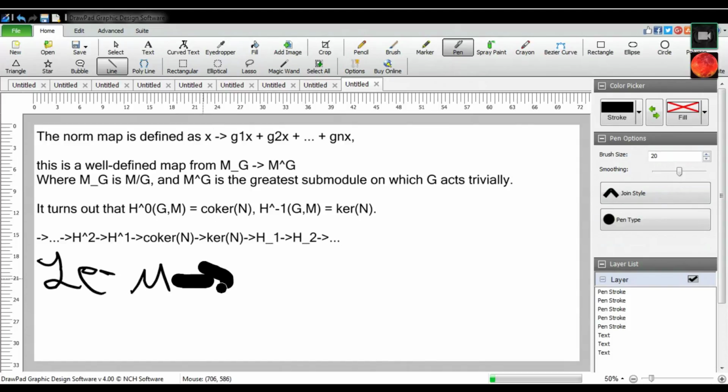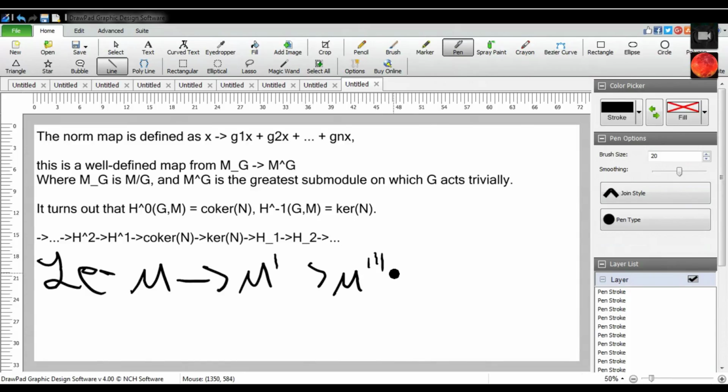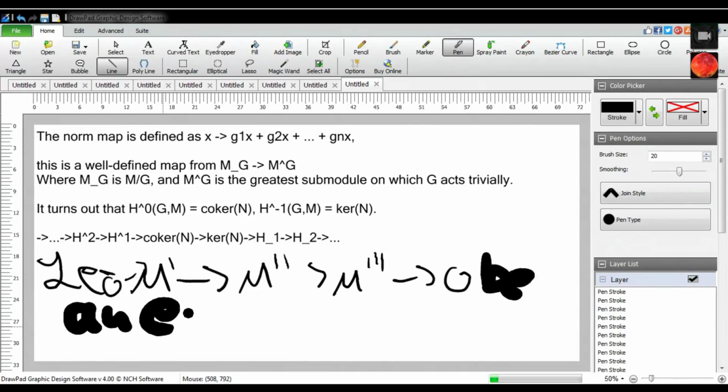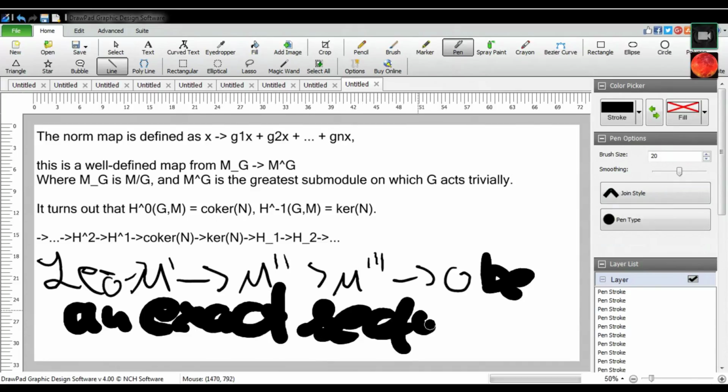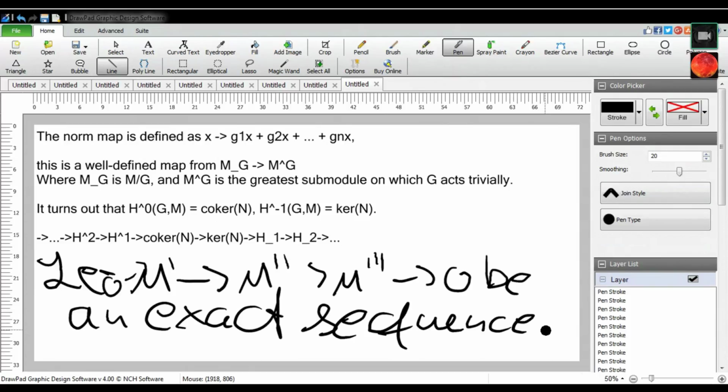Let this be an exact sequence of G modules, and what we want is a long exact cohomology sequence.